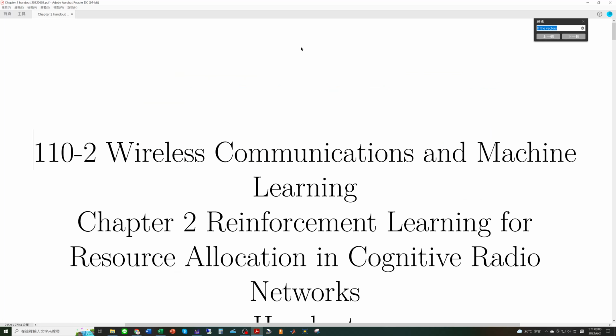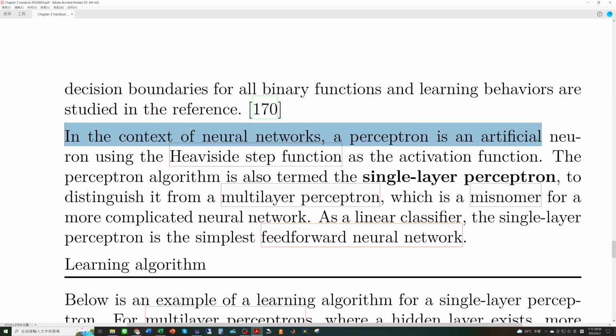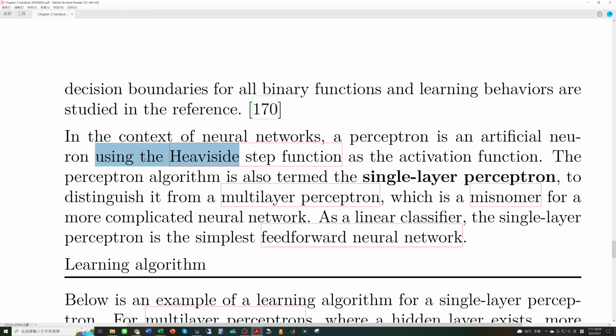Okay, let us go back to where we were. In the context of neural networks, a perceptron is an artificial neuron using the Heaviside step function. We will introduce what the Heaviside step function is later as the activation function.